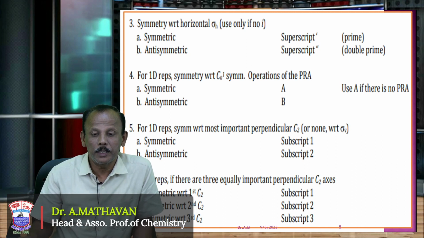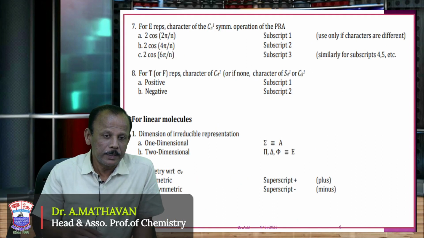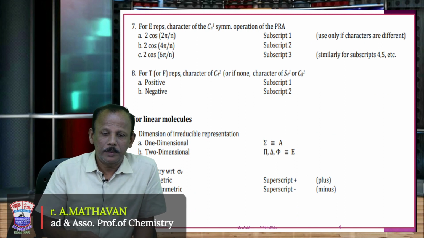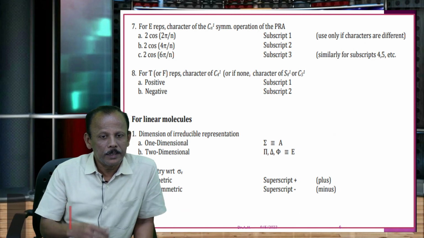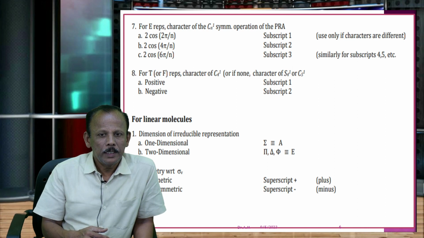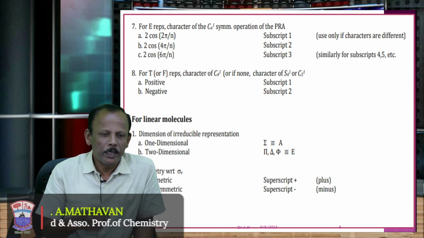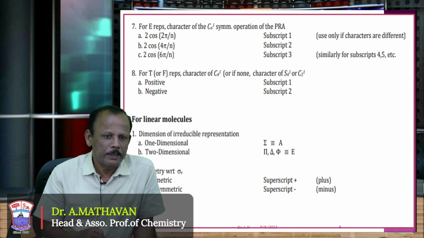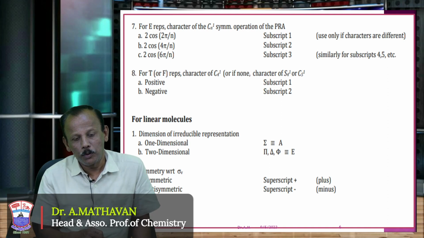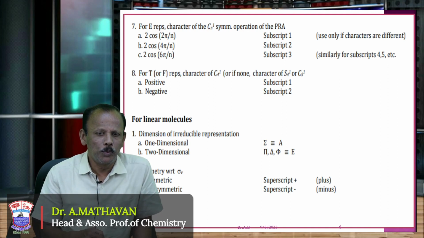Next, for two-dimensional representations, the character of Cn, the proper axis of rotation operation, depends upon the angle: 2 cos 2π/n with subscript 1 is used, and 2 cos 4π/n with subscript 2 is also used.